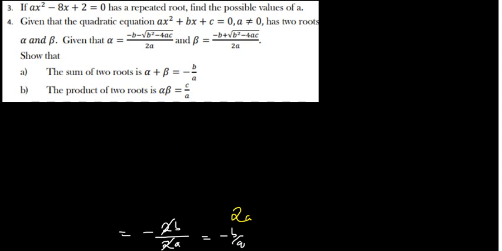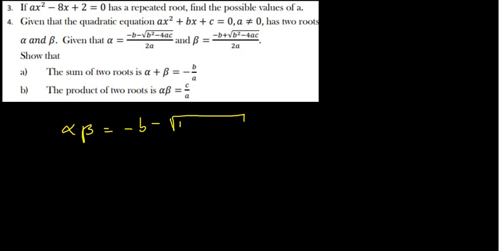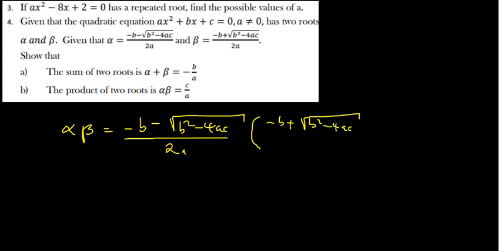And then now we find the product. Product alpha times beta: simply get alpha, which is negative b minus the square root of b squared minus 4ac over 2a, and multiply by beta, which is negative b plus the square root of b squared minus 4ac over 2a. You are multiplying what is down with what is down, and what is on top with what is on top.